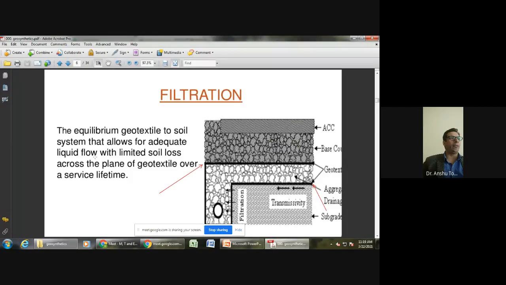Allows for adequate liquid flow. That is why you can say optimum liquid flow has been maintained. Limited soil loss or no soil loss.